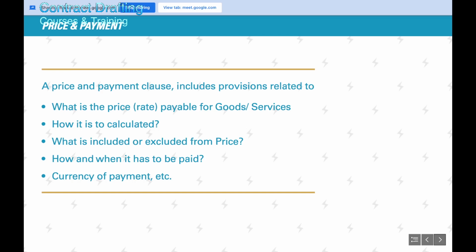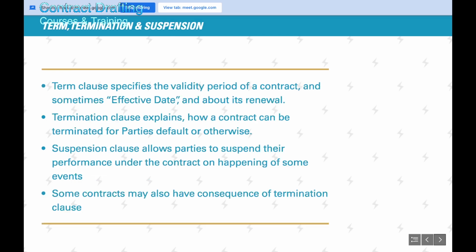Moving on, there will be termination and suspension clauses. These are also very important clauses because sometimes you want to fix a responsibility on the other side to perform the contract in a timely manner. So you want to have the contract limited for a particular period.